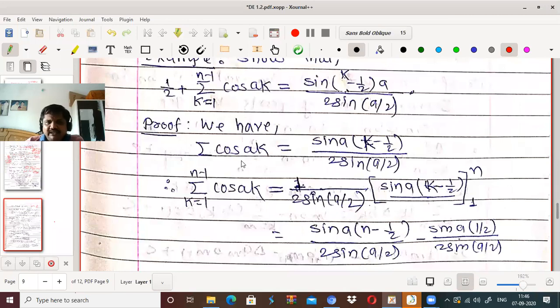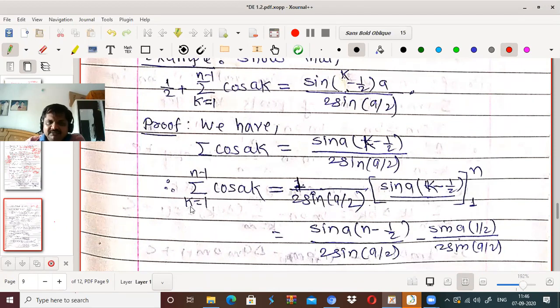We know that the summation of cos(ak) equals sin(a(k minus 1/2)) upon 2 sin(a/2). This formula you have, already we have seen it previously. We derived the formula for sin(a) as well as for cos(a). So the summation of cos(ak) is equal to sin(a(k minus 1/2)) upon 2 sin(a/2).